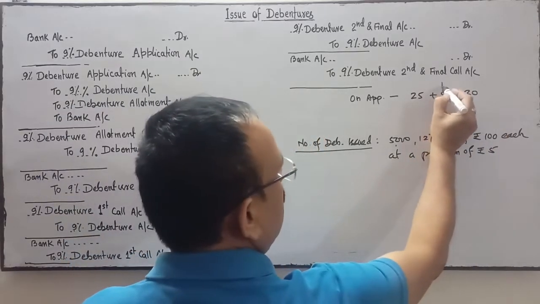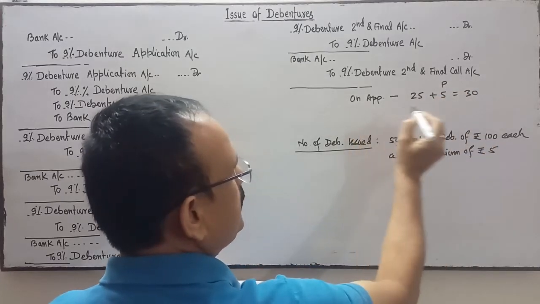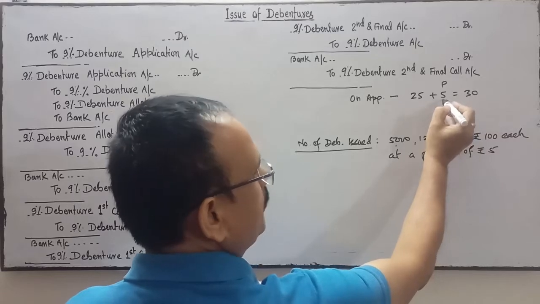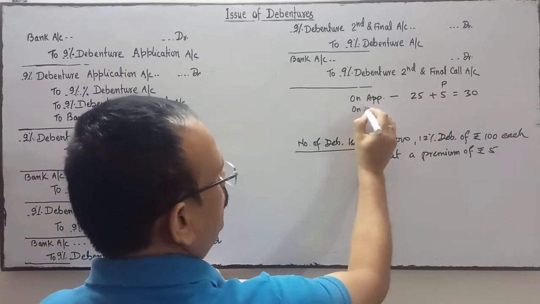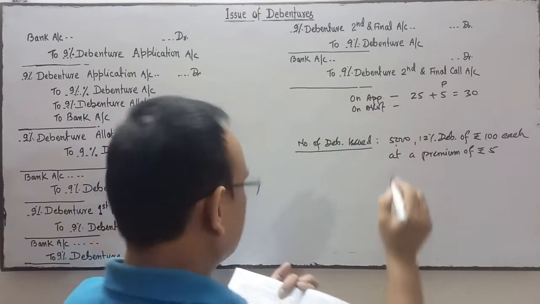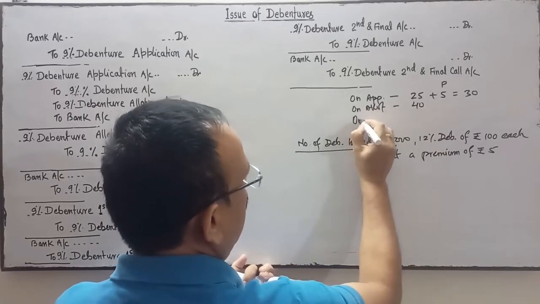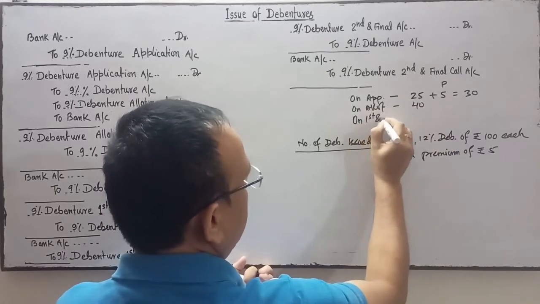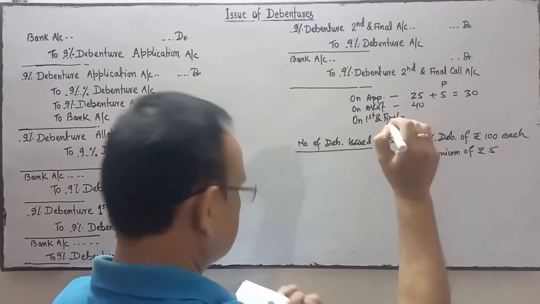It is the premium amount and the issue price. So on application 30 including premium, so excluding premium the application is 25. On allotment, it is given 40 rupees. On first and final call, it is the balance.